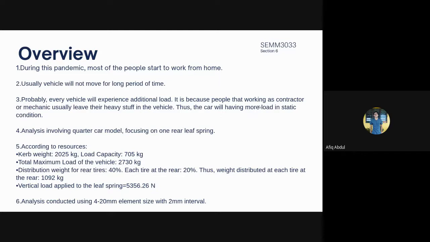Weight distribution for the rear tires is 40%, and the remaining 60% is at the front of the vehicle. So each tire at the rear carries 20% of the weight. Thus, the weight distributed at each rear tire is 1,092 kilogram. So the vertical load applied to the leaf spring at the rear is 5,356.26 Newton. The analysis was also conducted using 4 to 20 mm element size with 2 mm interval.